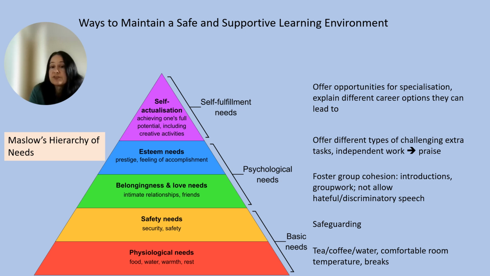For the next level, safeguarding is a very important way of meeting safety needs, and it is also mandated by law. Every educational institution has a responsibility to protect children and vulnerable adults from threats such as abuse and other potentially threatening situations. To do this, all institutions have procedures in place that are usually written down.